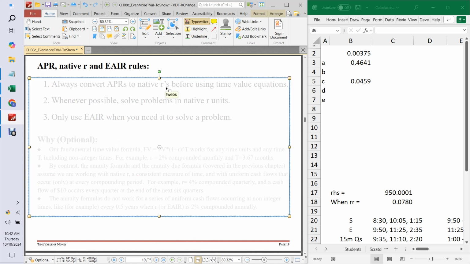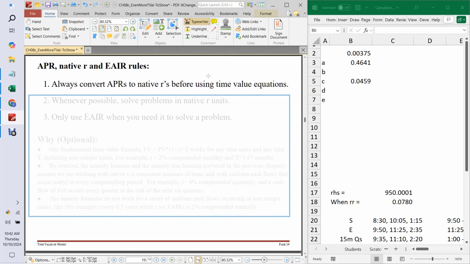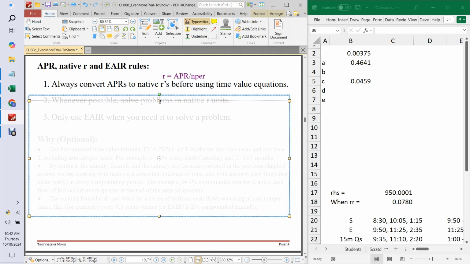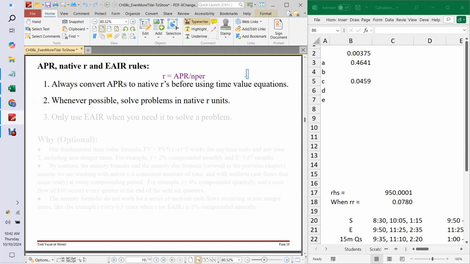Okay, so I've got a few rules here for using APR, R and EAIR. So first is, as we have been saying, APRs are inaccurate. They'll give you wrong answers. So always convert them to native Rs, right? And just use that very simple formula, R is equal to APR divided by the number of compounding periods per year. And then whenever possible, you're done.